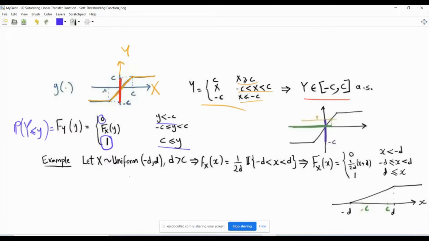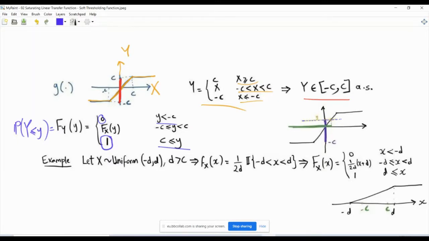Now, if small y is between minus c and c, then you are asking something like this. Given a small y, you ask yourself, what is the probability that big Y, the random variable y, is small y or less?